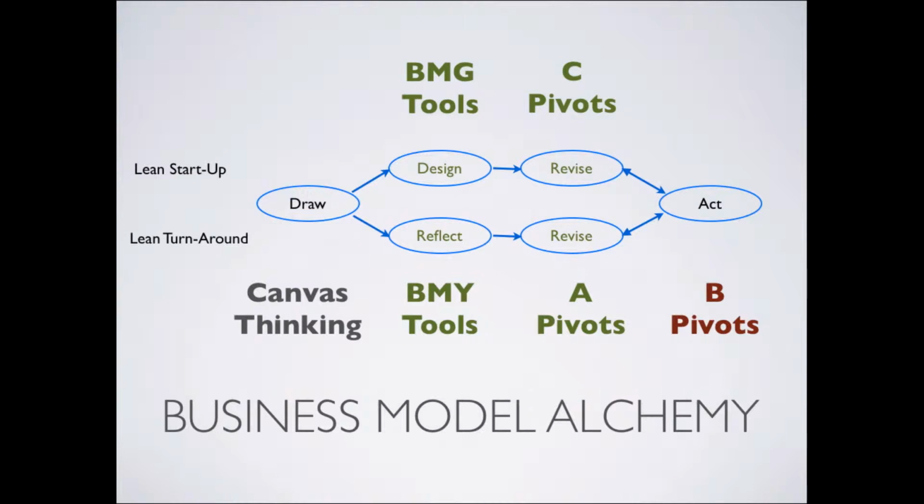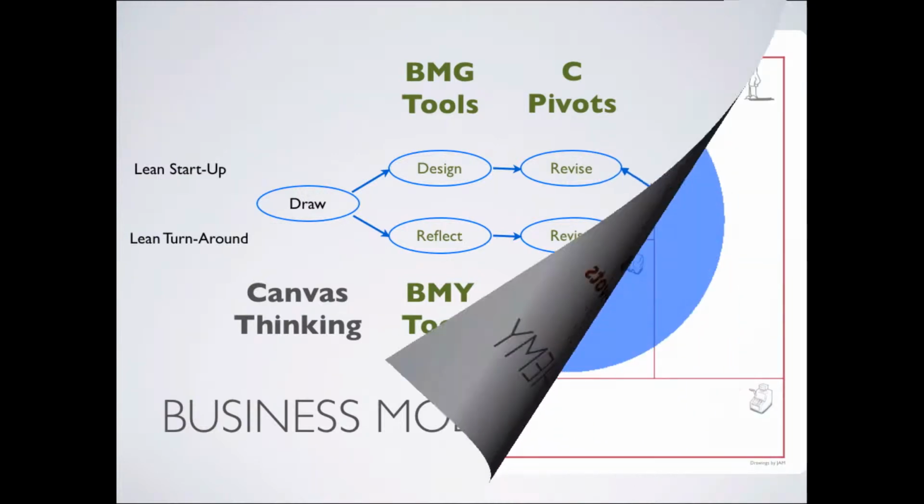We've used either design tools from business model generation or reflection tools from business model U to have emergent insights we can then use to revise that model, take it to the world, and then come back and do A pivots or C pivots until we're finally making money. And now we're ready for the B pivots.